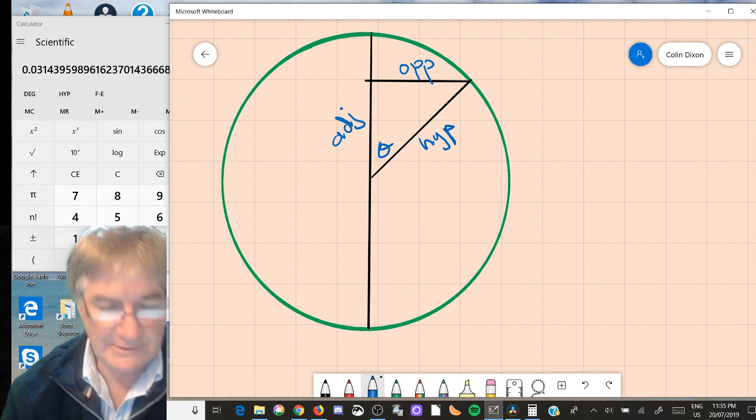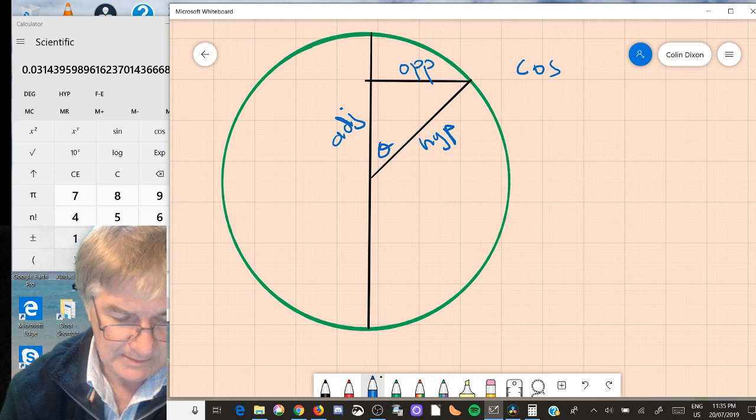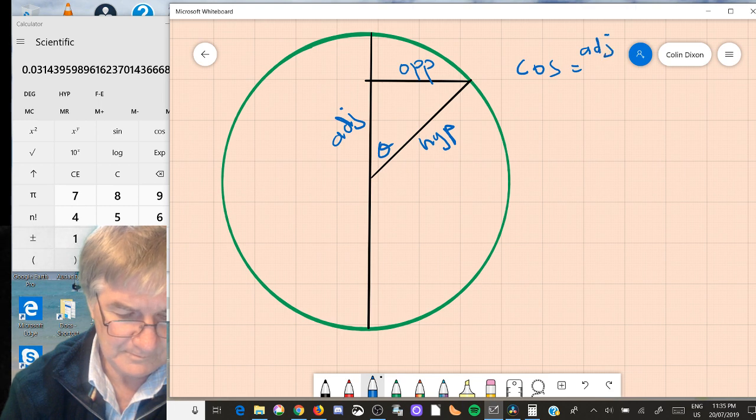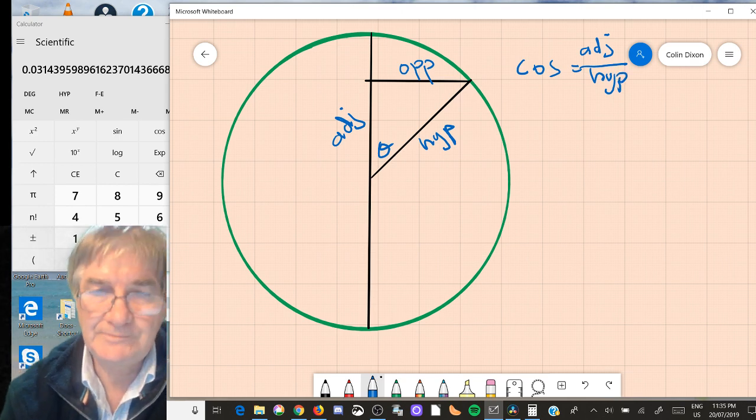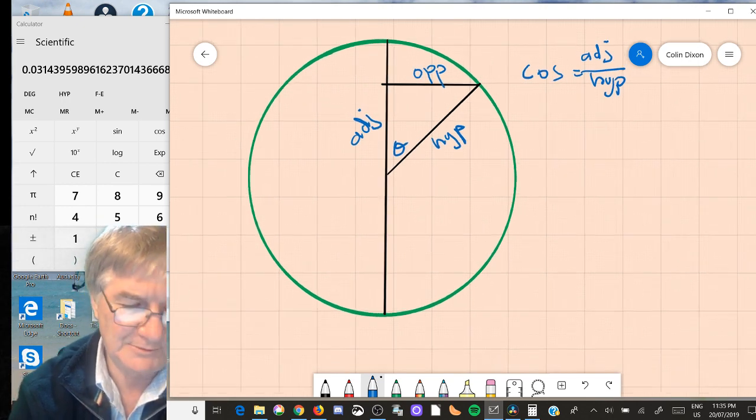And the cosine, cos, is equal to the adjacent over the hypotenuse. And that's a ratio. So the cos of that angle will be less than 1. And the tighter the angle is, the closer to 1 that will be.